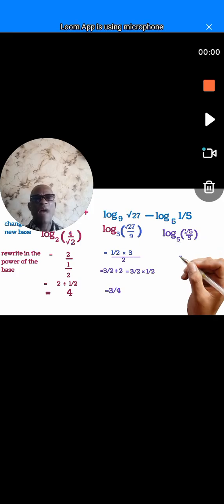The power of 5 to get 1 over 5 is minus 1. And the power of 5 to get 5 is 1. So that one will give you minus 1 over 1, which is equal to minus 1.